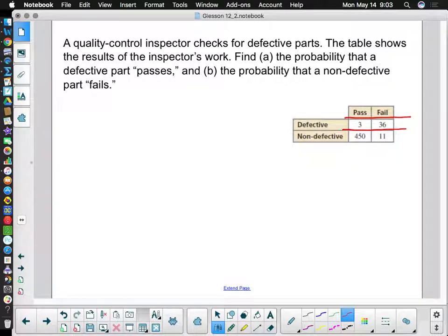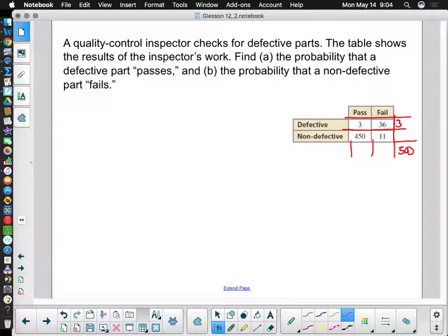Well, if we look at this, we had a total of 500 parts. So we want to get at our marginals here.